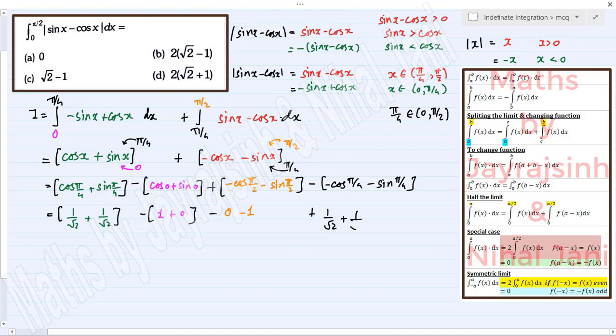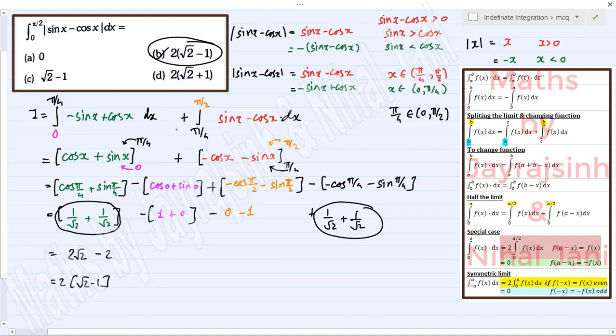Substitute the values. So √2 + √2 will become 2√2, and here we have −2. So if we take 2 common, we will get √2 − 1, which is given in option B. Ta-da!